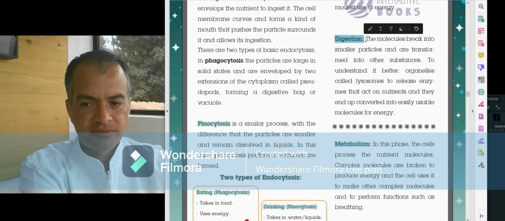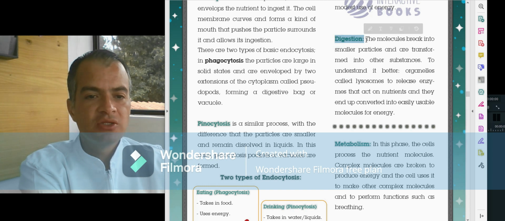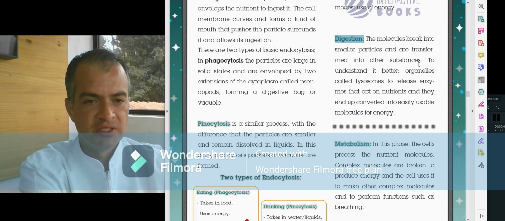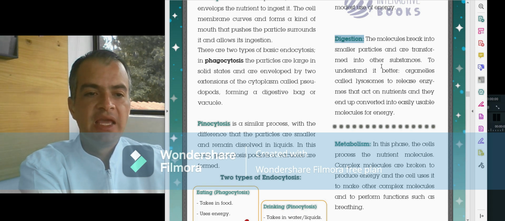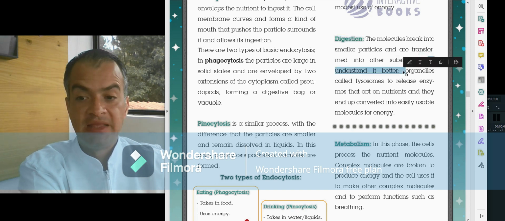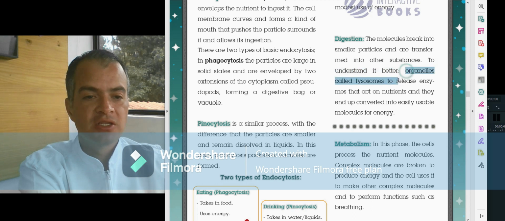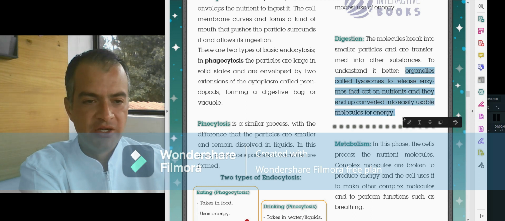Digestion. Entonces, the molecules break into smaller particles and are transformed into other substances. Las moléculas se rompen en partículas más pequeñas y son transformadas en otras sustancias. To understand it better, para entenderlo mejor, organelles called lysosomes release enzymes that can act on nutrients, and they can end up converted into easily usable molecules for energy.